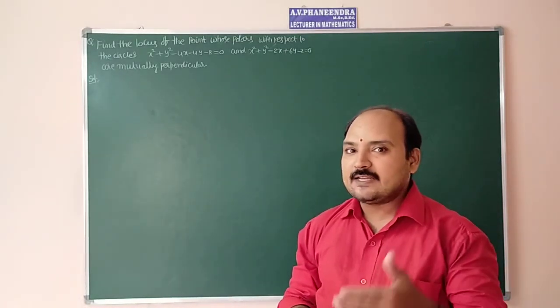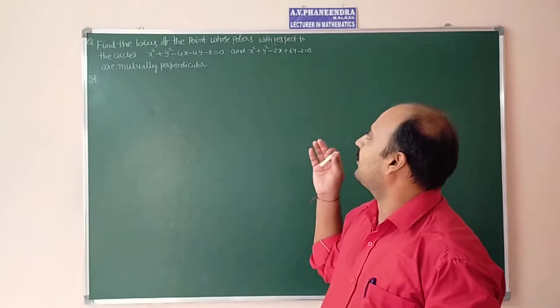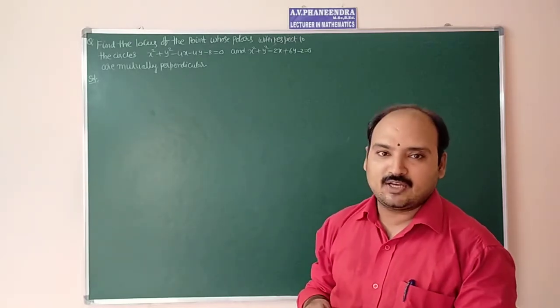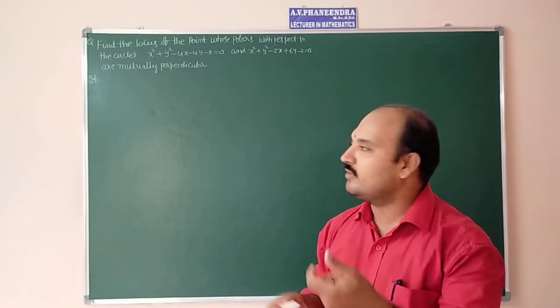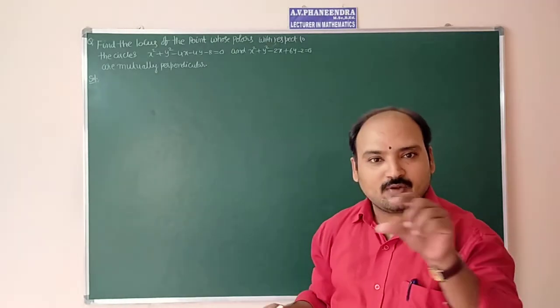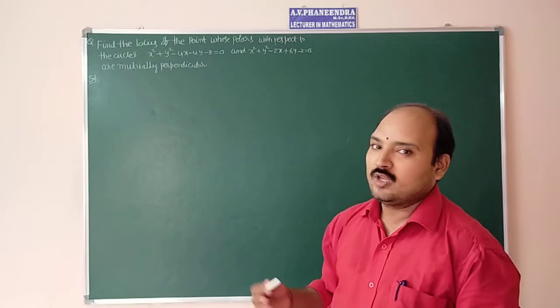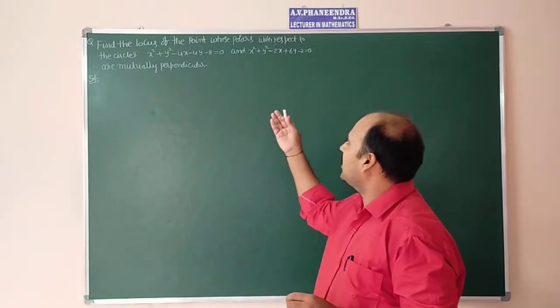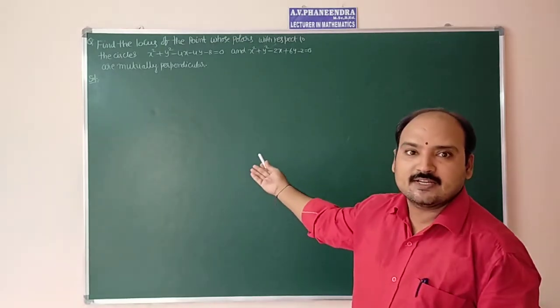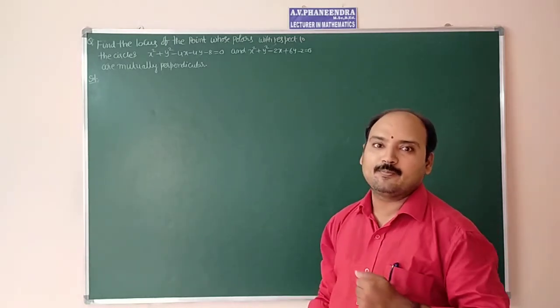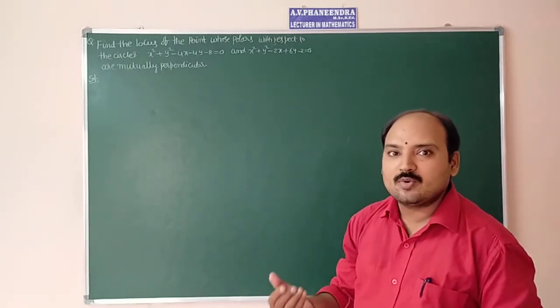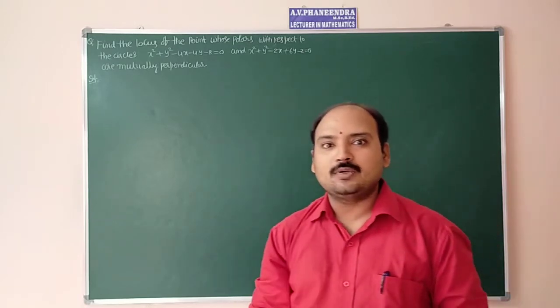So let us consider the point to be x1, y1. The polar of that point x1, y1 with respect to the first circle, you will get one polar equation. The polar of the point x1, y1 with respect to the second circle, again one more polar equation will come, S1 equal to 0. For both the polar equations, calculate the slope.